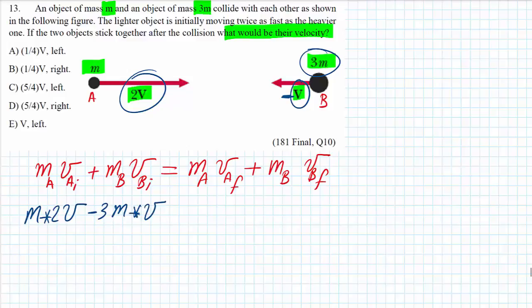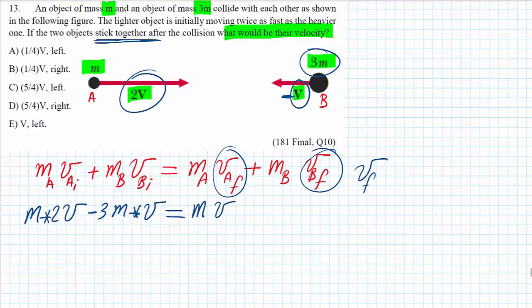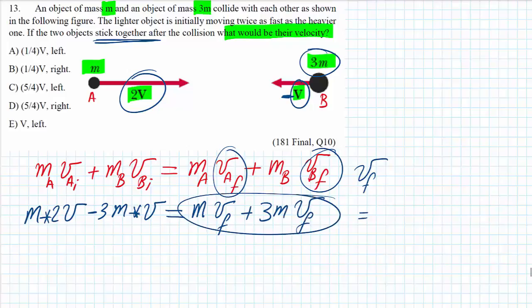Okay, equals, after collision they have the same final velocity. I will call it vf because they stick together as he said here. So the first mass is m times vf plus the second mass is 3m times the same vf. If you add those together, it gives you 4 times m times vf.